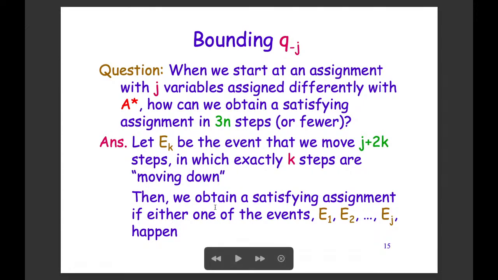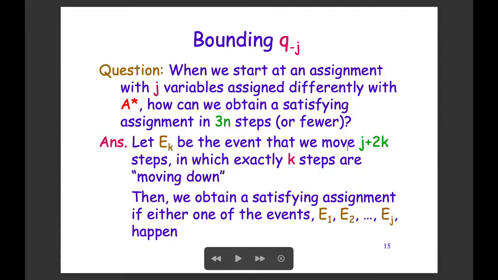So the key observation here is that if we start at only a location with j variables away from the optimal, the correct assignment, then as long as we don't go back many steps, let's say less than or equal to n steps in the algorithm, then we will be reaching the final state, right?